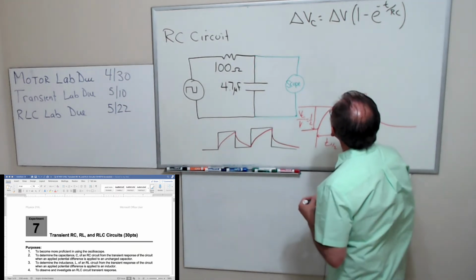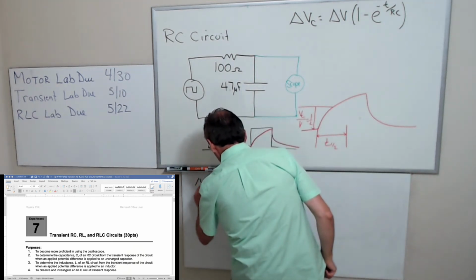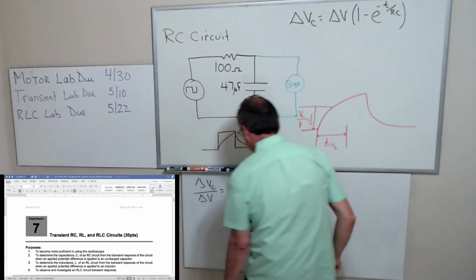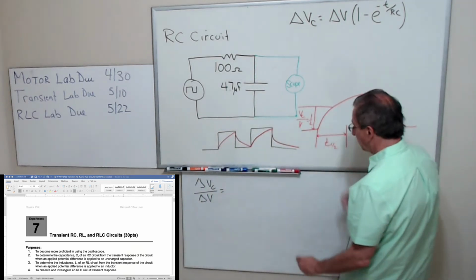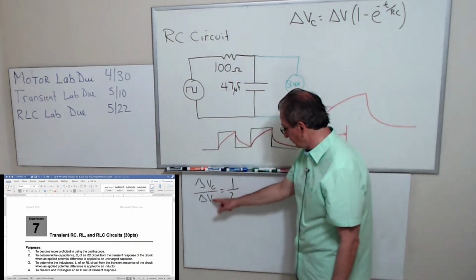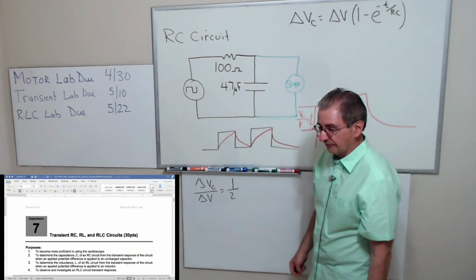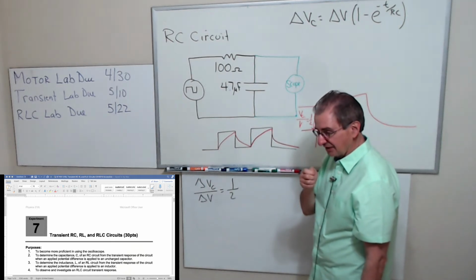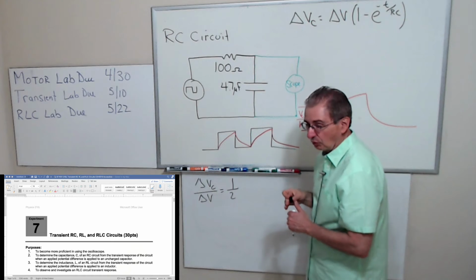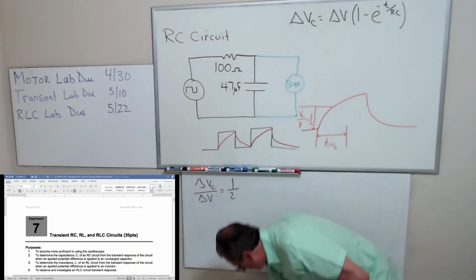Let's divide both sides by delta V, the power supply voltage. And we want this to be 1/2. Doesn't matter what this is, right? As long as this ratio is 1/2. That makes sense? I mean, really, the only reason why I chose the 1 in this particular case is because of the current limitations of our signal generator.